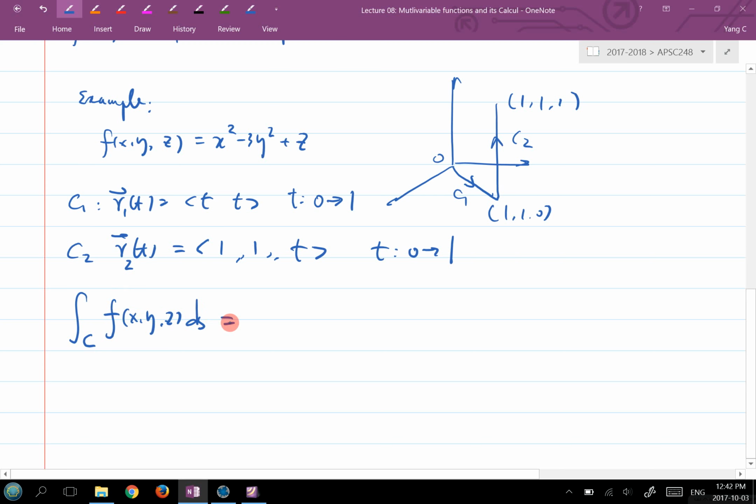Okay, so this is the line integral we're looking for. Now, because C is equal to C1 and C2, all we need to do is this so-called piecewise integral.